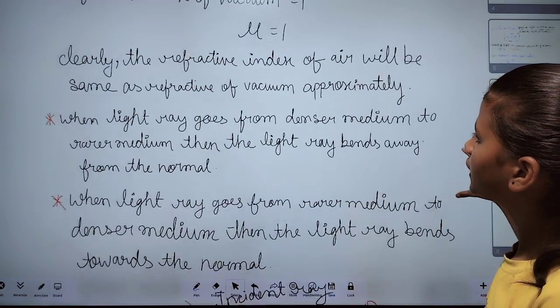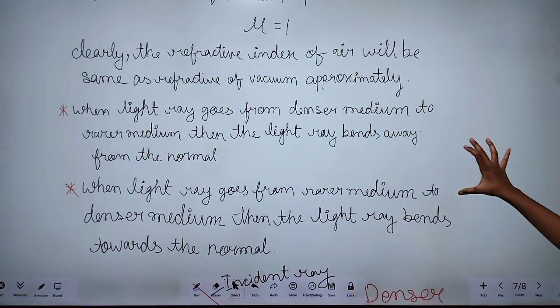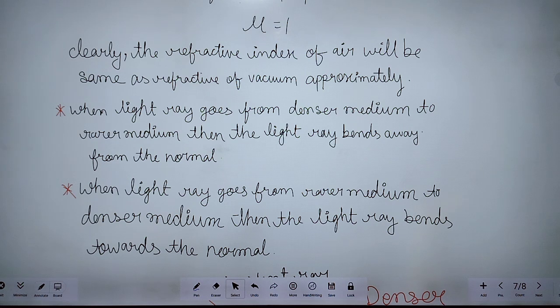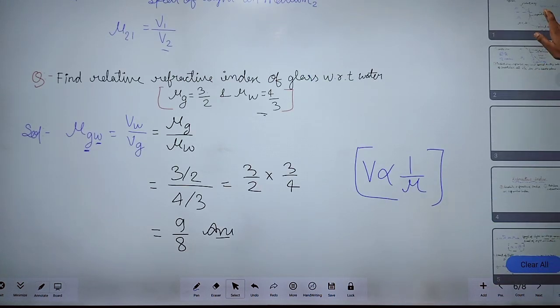We solved this question and wrote that when light rays go from a denser medium to a rarer medium, the light rays bend away from the normal, and when they go from rarer to denser medium, the light rays bend towards the normal.